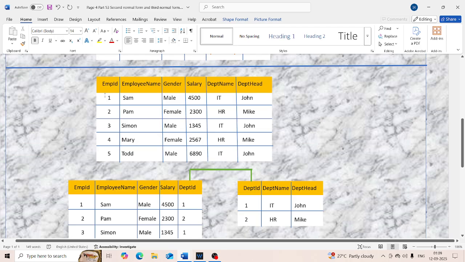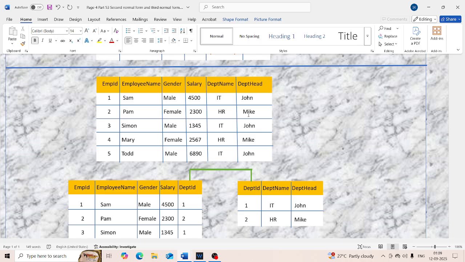When the employee ID changes, department head is Mike. So it is also dependent on employee ID.